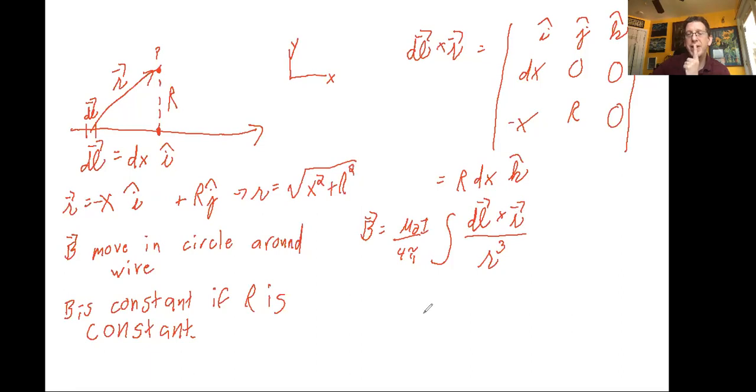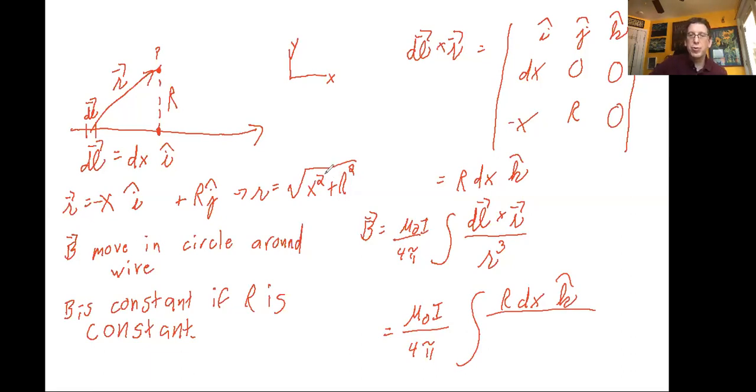So now we have enough information so we can set up the integral. B is equal to mu naught times I over 4 pi times the integral. So dl cross script r, that's R dx k hat. And then script r is the square root of x squared plus R squared.